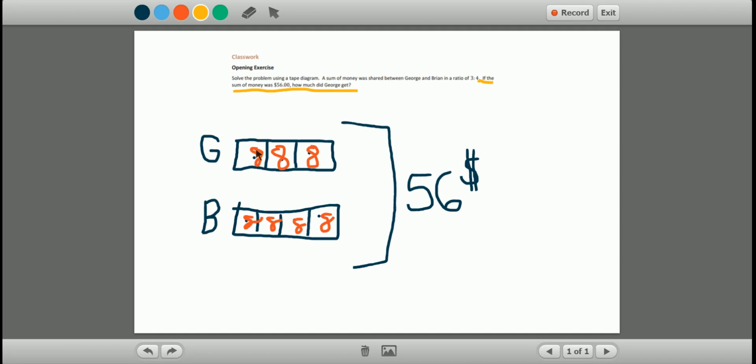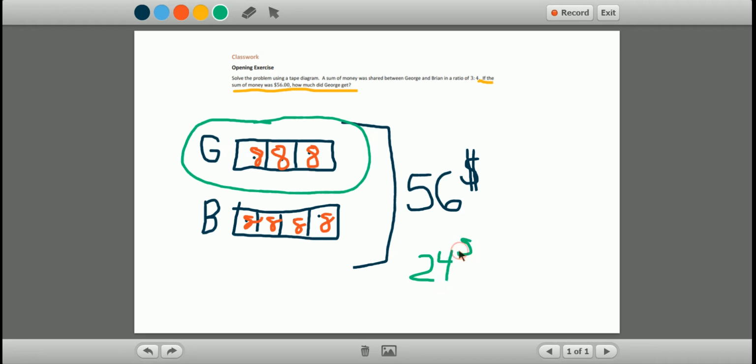So I want to know how much did George get. George's total is represented right here. So I'd have to go 8 plus 8 plus 8 is $24. So they are sharing money, but George got $24.